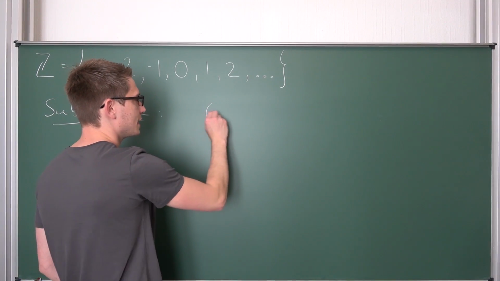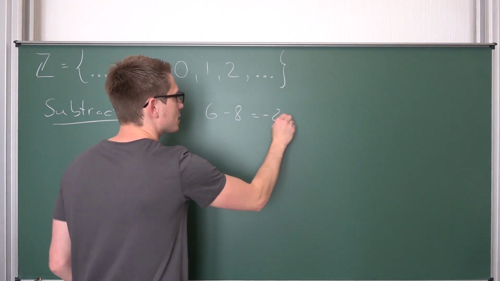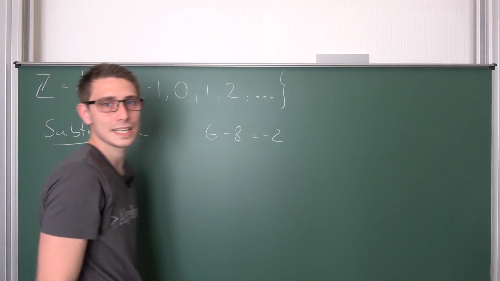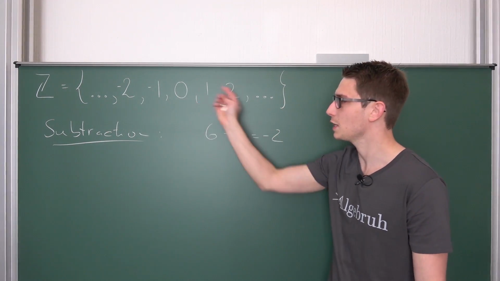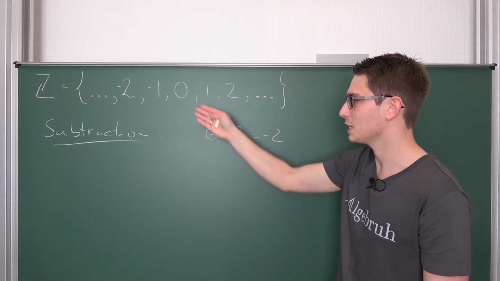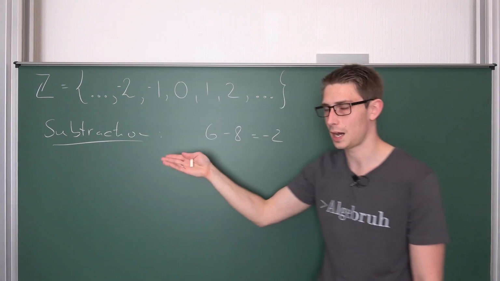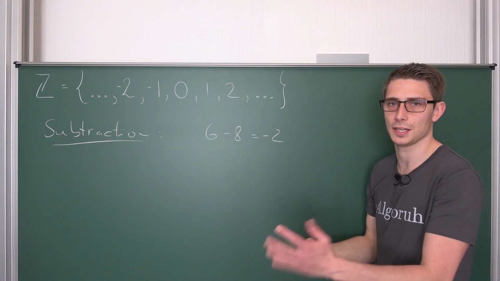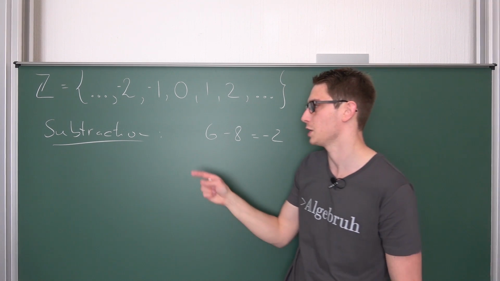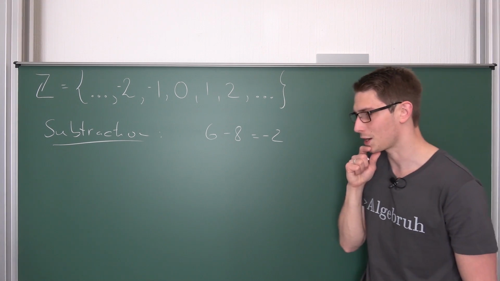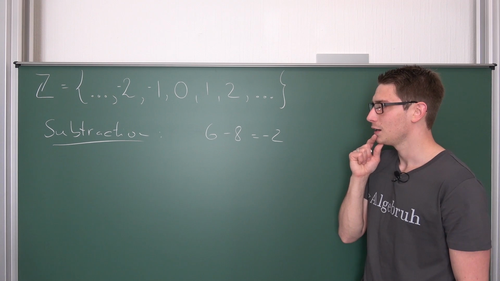I mean, if you take 6 minus 8, it's going to be negative 2, and that's cool and all. It's in here, and it does work for each and every number that we can compute in here with each and every other number under subtraction, which is nothing but addition basically, just the inverse operation. So this does work out. That is cool.